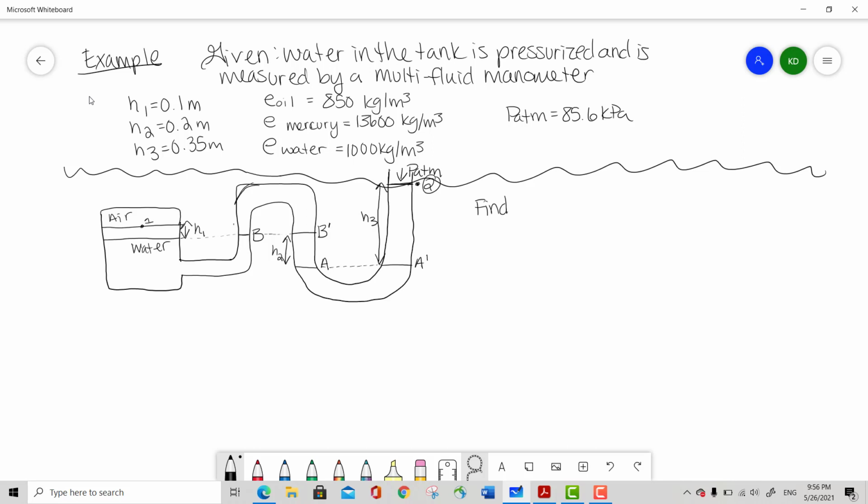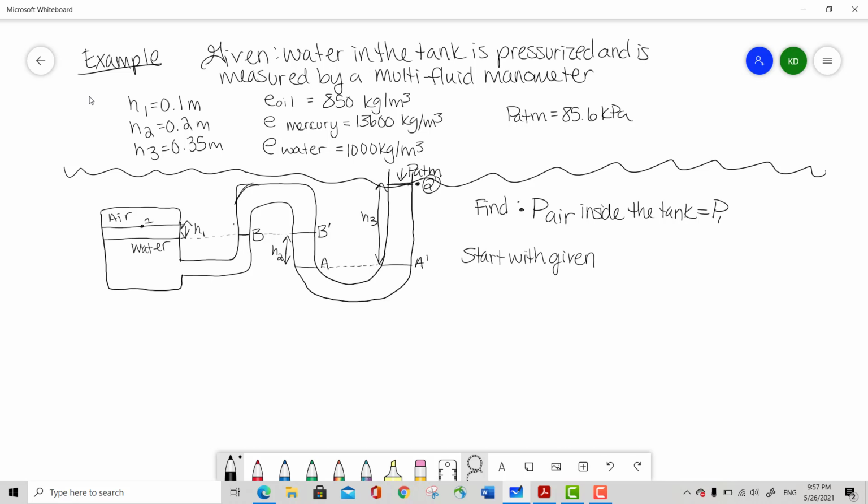Okay, and what do we need to find? We need to find the pressure of the air inside the tank. So pressure at 0.1 right here. That's what we need to find. So we're going to start with the given section.